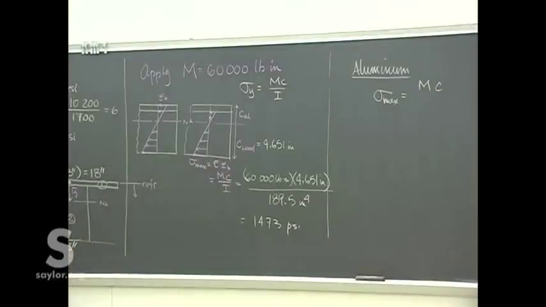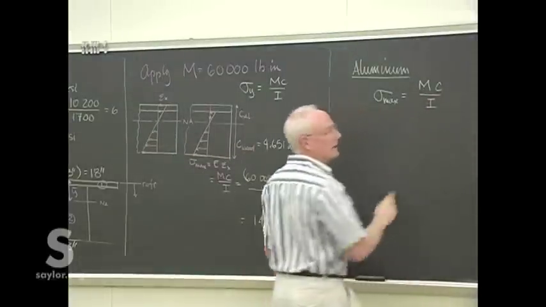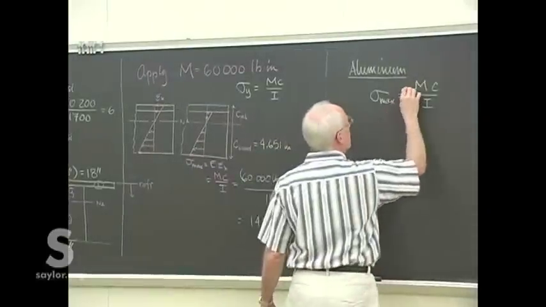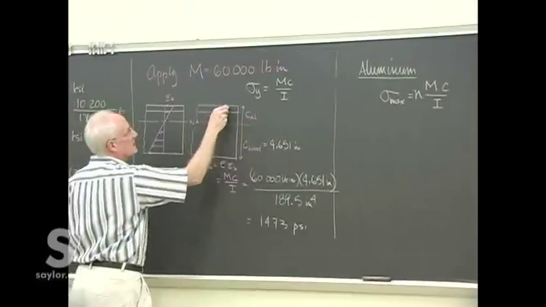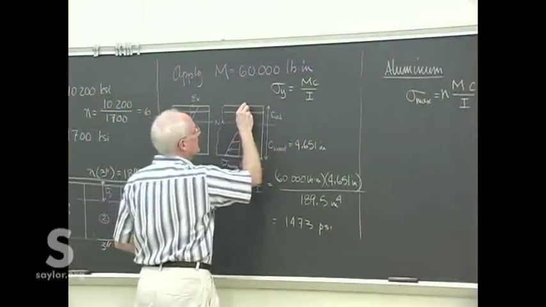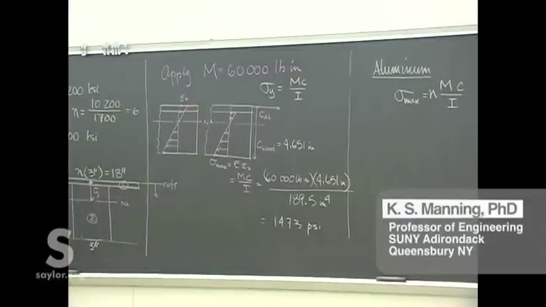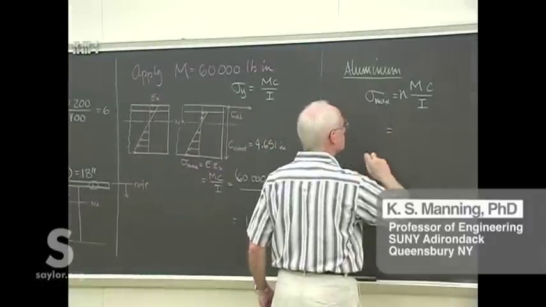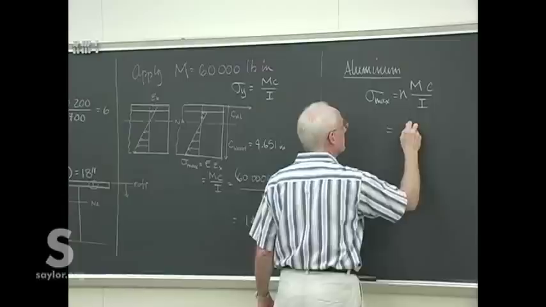In fact, that is Y bar, what we already figured for Y bar, over I. But we need to multiply that by that factor N that we had. Because if we don't, we'll just get the same distribution we had there, but the aluminum can withstand a much greater strain than can the wood. So we have to put back into the calculation that that actually was aluminum.